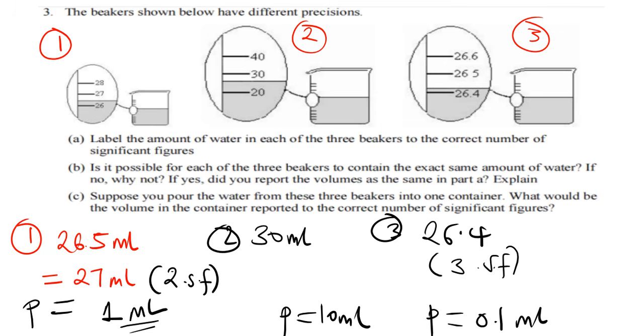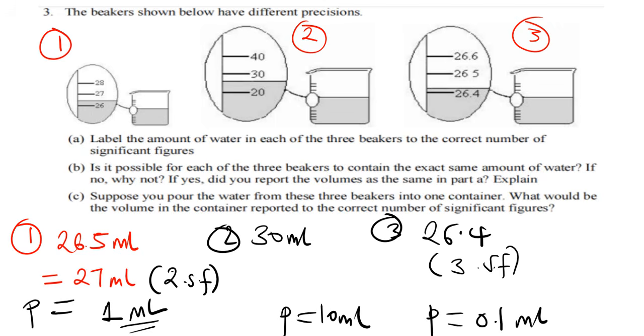Then for C, suppose you pour the water from these 3 beakers into one container. What will be the volume in the container reported to the correct number of significant figures? Okay, so in this case, what are we supposed to do? We're just supposed to add these numbers that we have, and let me not use my precise values.